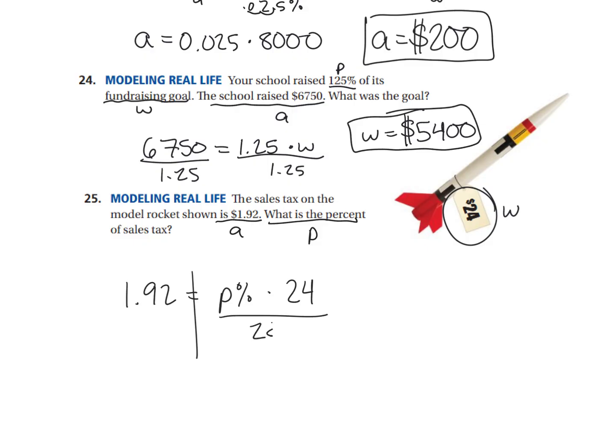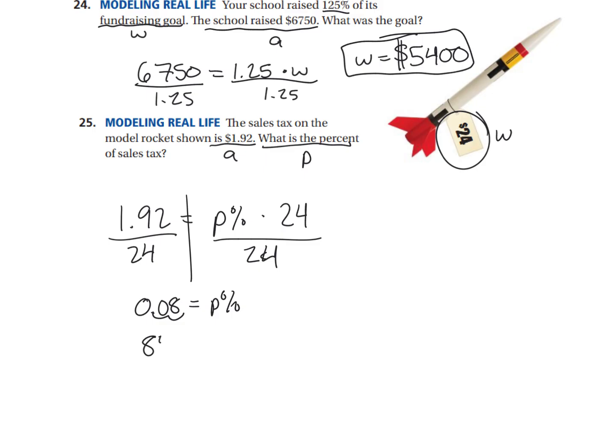We're going to divide both sides by 24 to get P percent by itself. I get 0.08 equals P percent. Because I'm solving for P, I need to turn this into a percent by moving my decimal twice. And we get 8% equaling P.